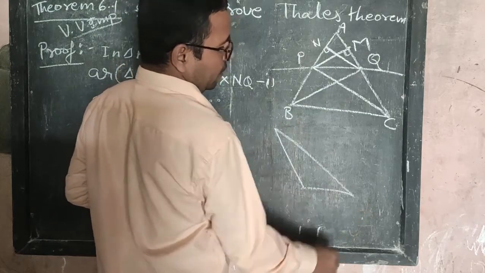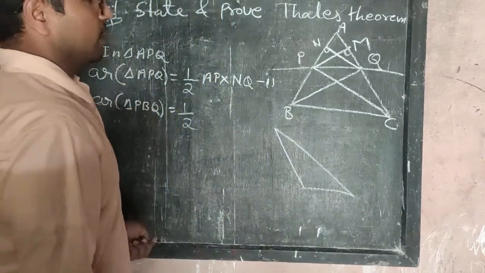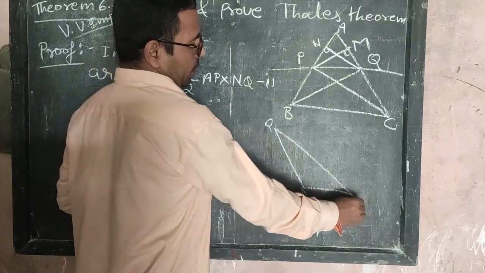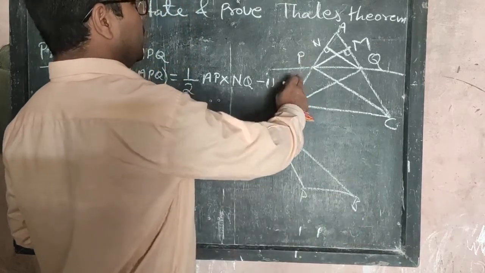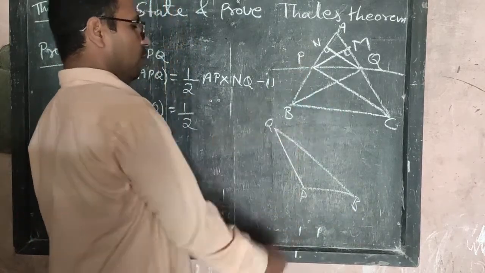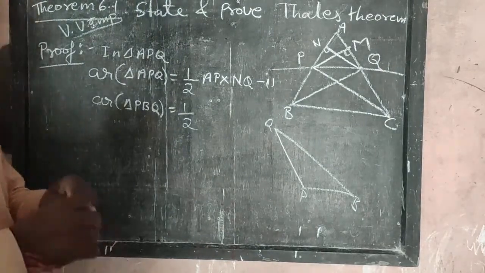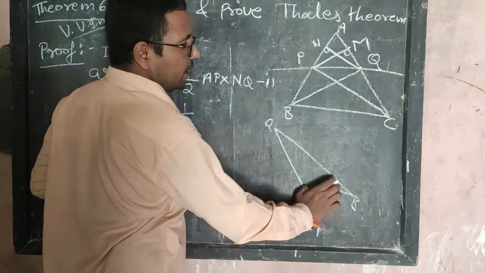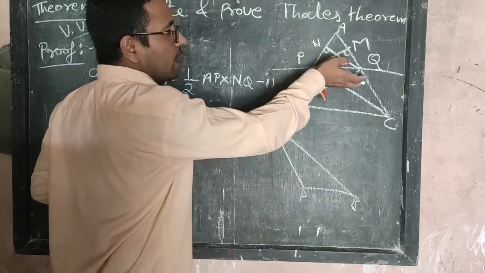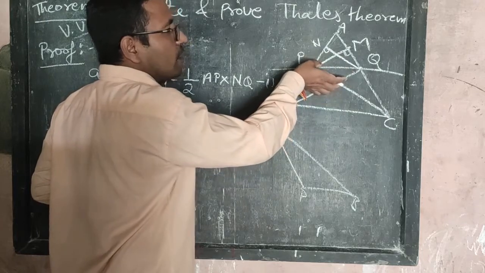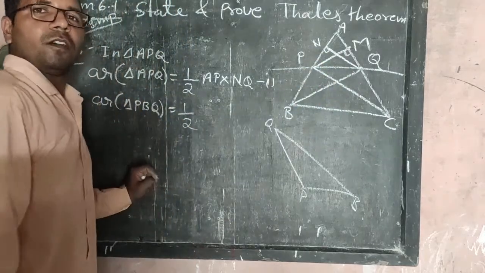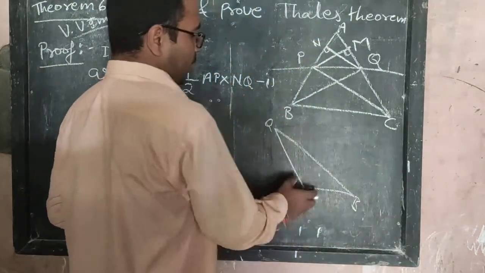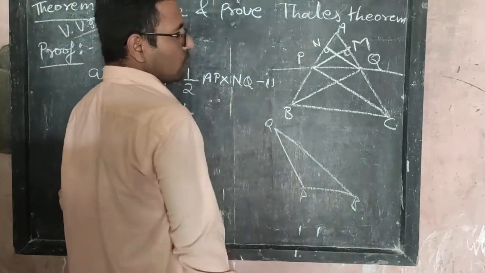Here is the Q point and here is the P point. Since it is difficult to explain which one is the base and which one is the height, I have drawn the same figure on this side. So you will get it in this way.